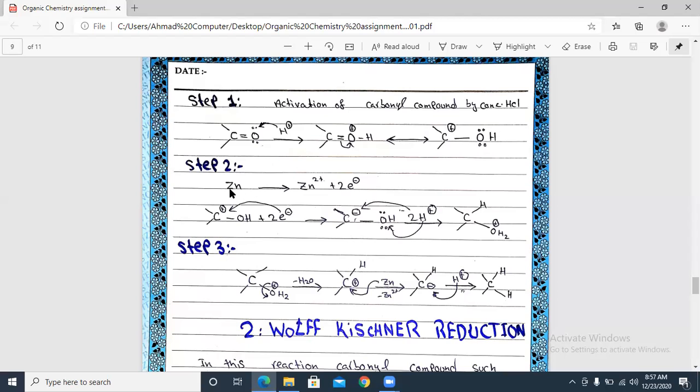In the second step, zinc reacts and divides into Zn2 plus and 2 electrons.